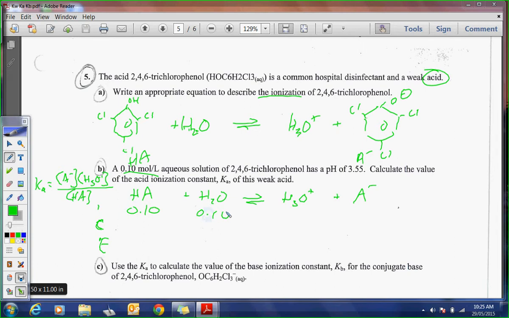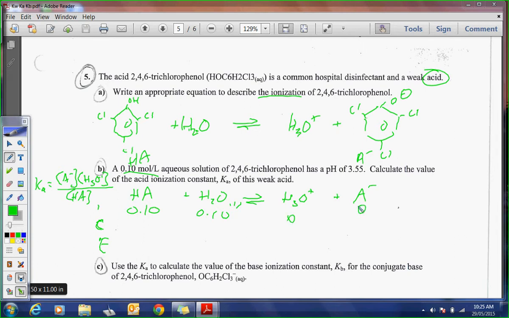But I have more. I've got as much as I want. But it doesn't really matter because it's a liquid and it's not in our table. Does that make sense? So I don't really need to worry about it. I don't need to do it in the ice table, but you can if you like the consistency. The H plus concentration is initially 0, and the A minus concentration is initially 0.